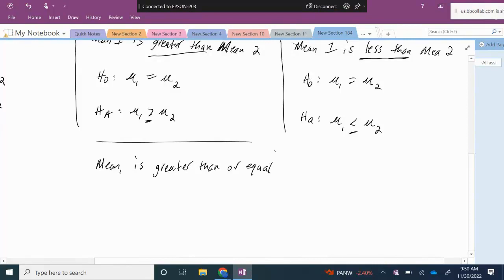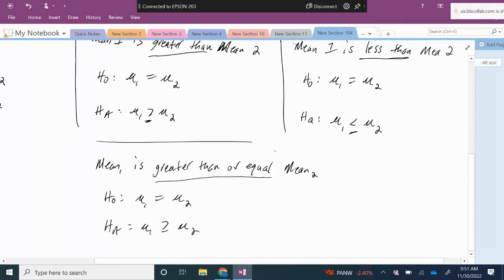Let me just write this out. Notice that in this hypothesis test we tested for greater than or equal to, so when we set up our alternative hypothesis, we must include the greater than or equal to inequality.